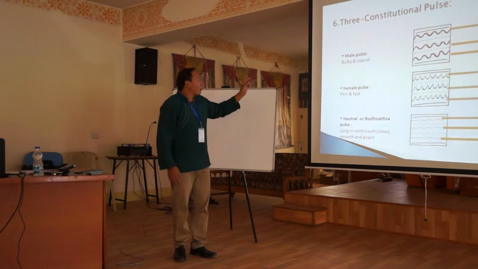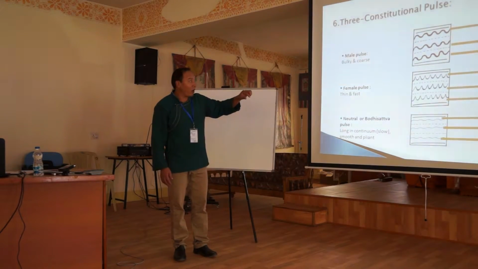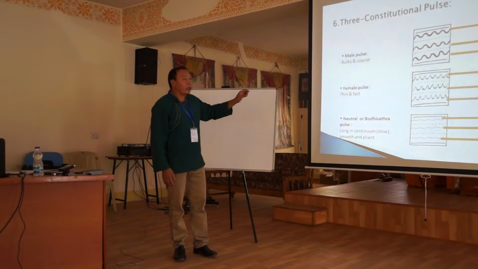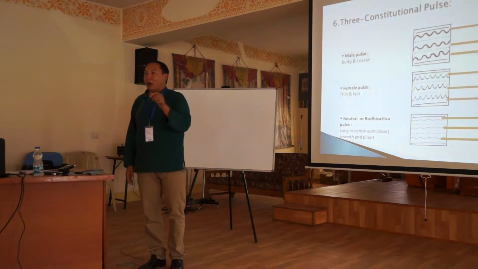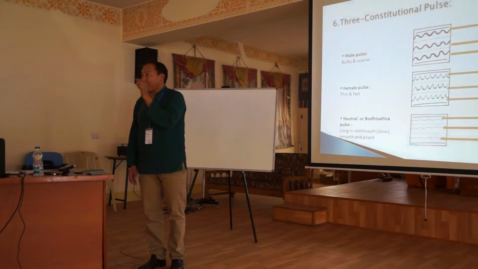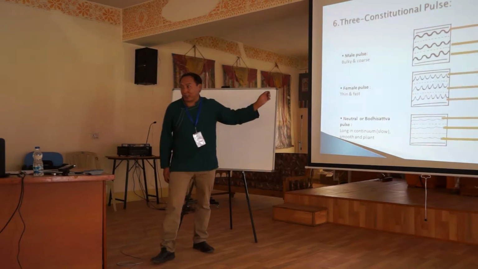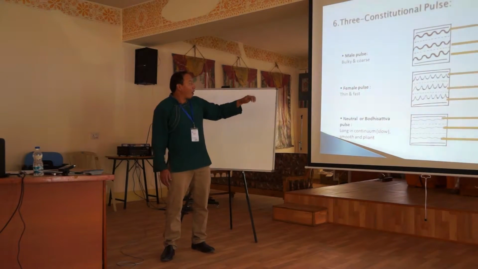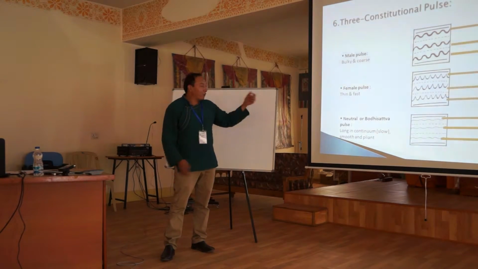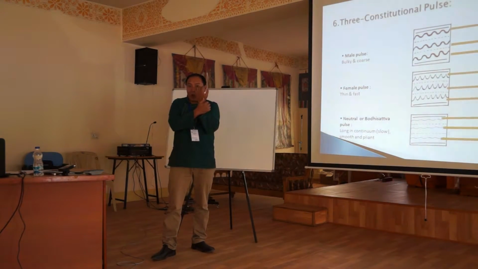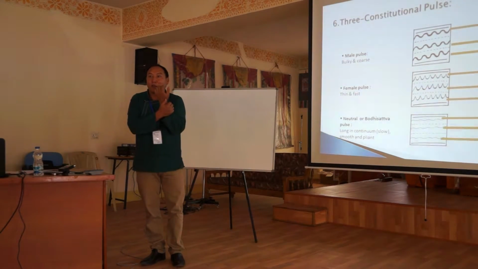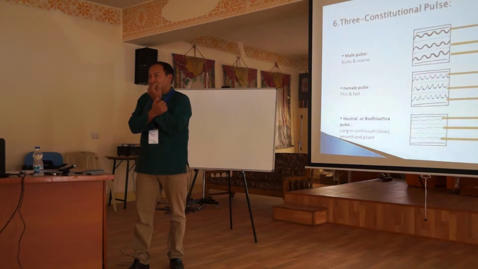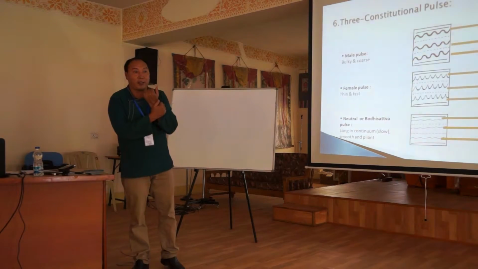So if the pulse is bulky and coarse, then you can say it's a male pulse. It can be in a female also. If the pulse characteristic is very thin and fast, then we call it a female pulse. It doesn't mean it always belongs to a female. It can be in a male also, right?